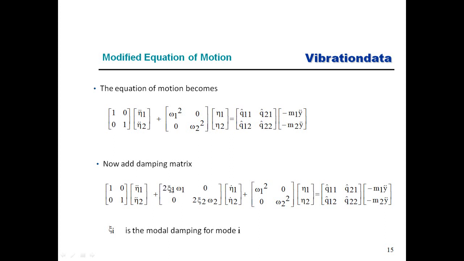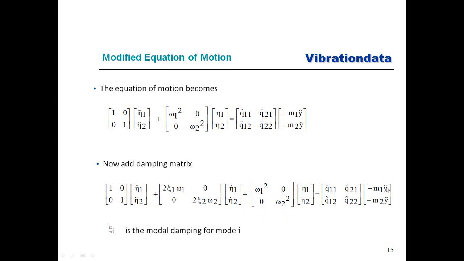So here we have 2 times the modal damping ratio for mode 1 times our natural frequency for mode 1. And down here we have 2 times the modal damping for mode 2 times our second natural frequency. And this is great because here we have a system of uncoupled equations. And these are easier to solve. So we're ready to go for a modal transient solution.